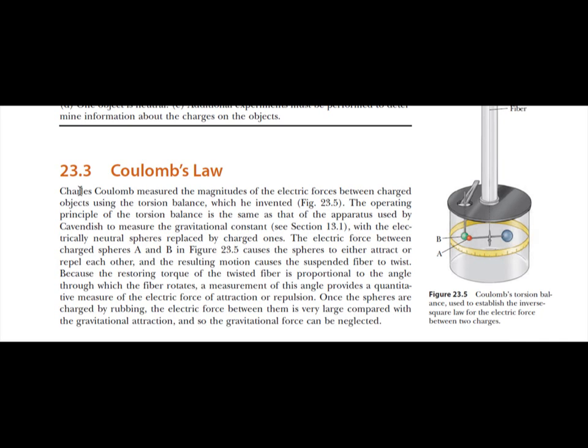In short, Charles Coulomb measured the magnitudes of electric forces between charged objects using the torsion balance which he invented. The operating principle of the torsion balance is the same as that of the apparatus used by Cavendish to measure the gravitational constant, with the electrically neutral spheres replaced by charged ones.